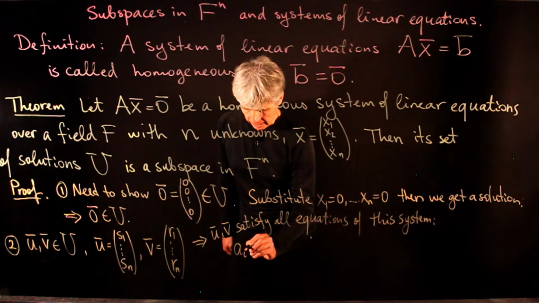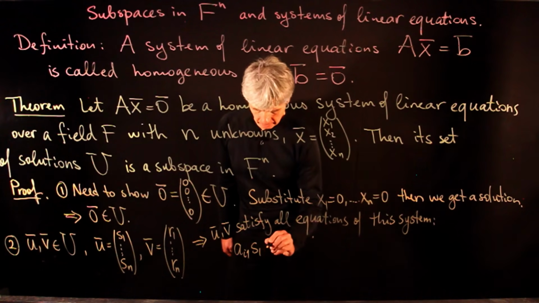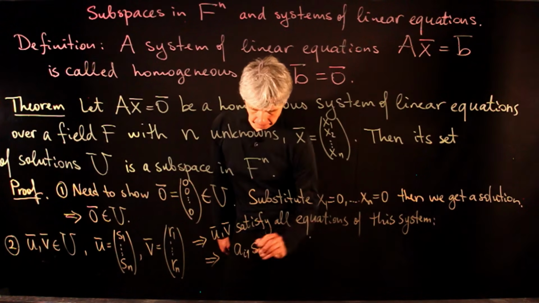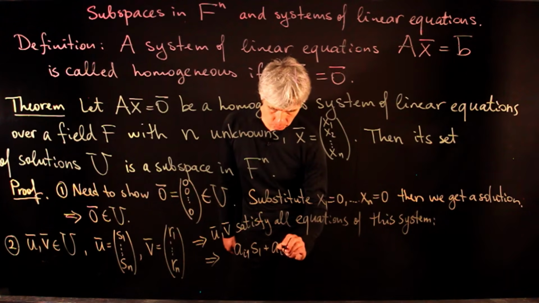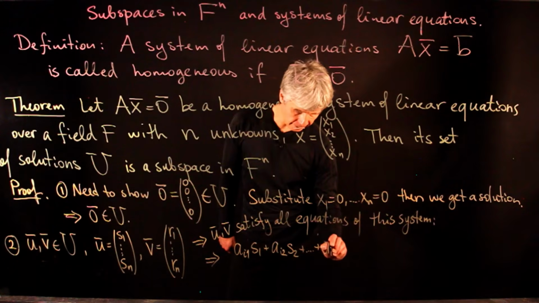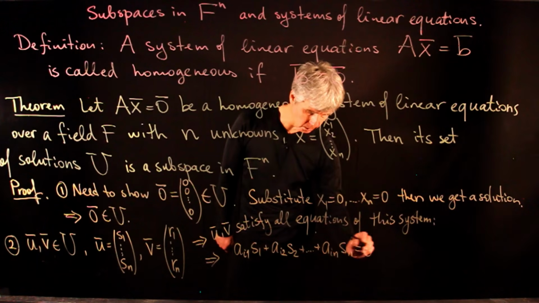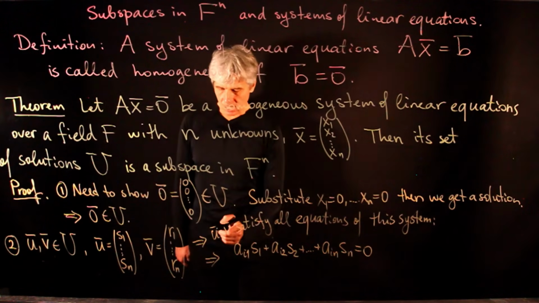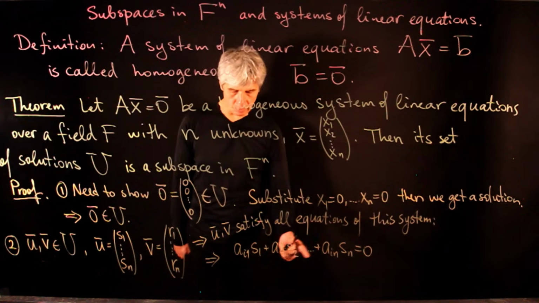What does it mean that u satisfies equation number i? This means that ai1 s1 plus ai2 s2 plus up to ain sn is equal to 0. What does it mean that v satisfies the same equation?